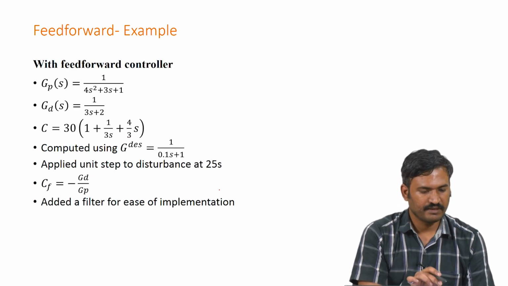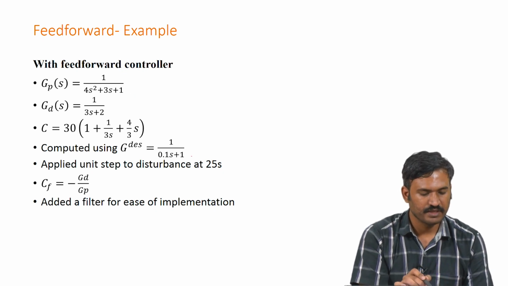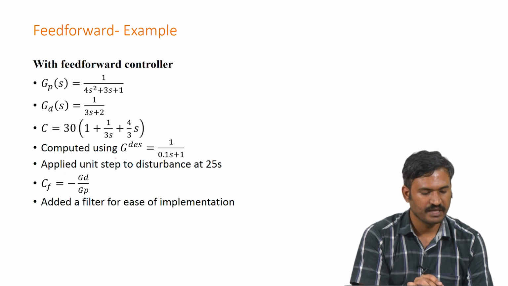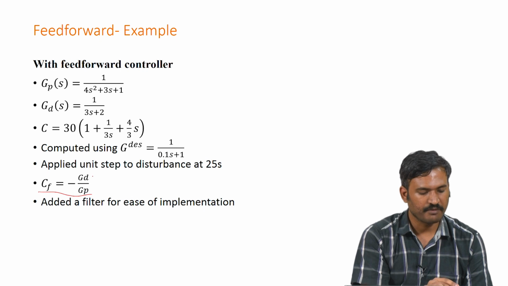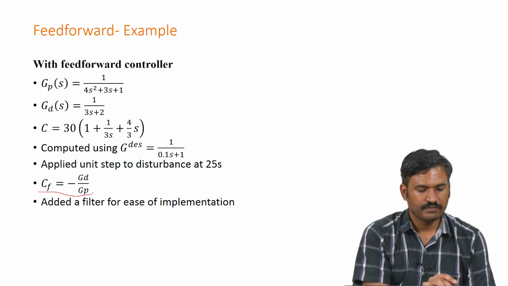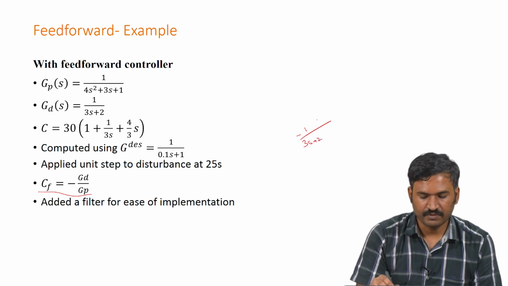Now, with feed forward controller, the same system has been used and the same controller which I have tuned for the configuration without feed forward is used, along with an additional feed forward controller computed as GD by GP. So, that constitutes minus 1 by 3s plus 2 into 4s square plus 3s plus 1.